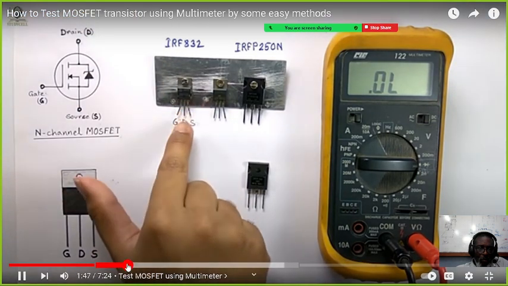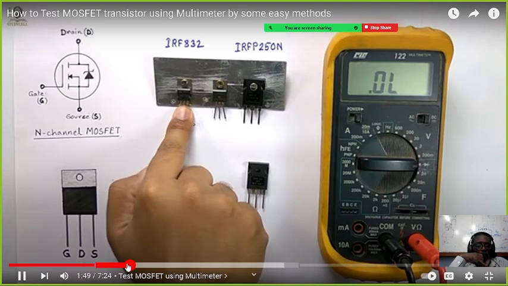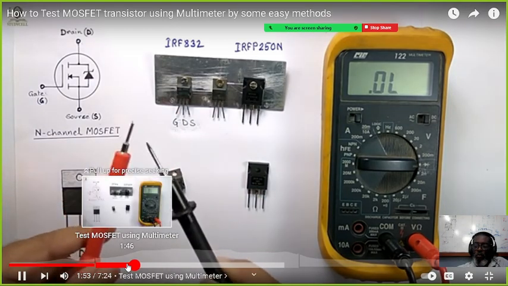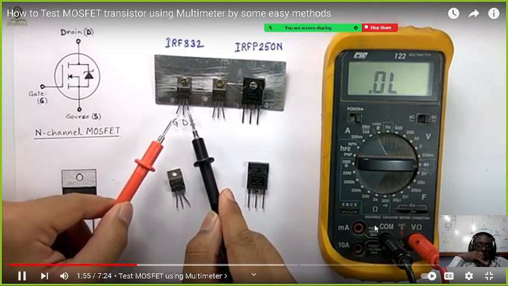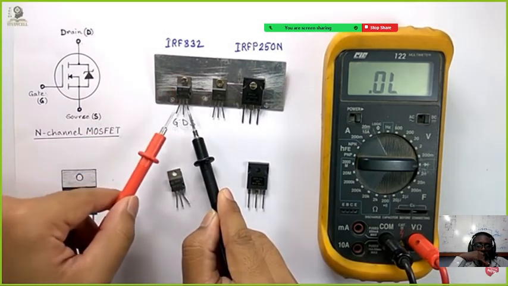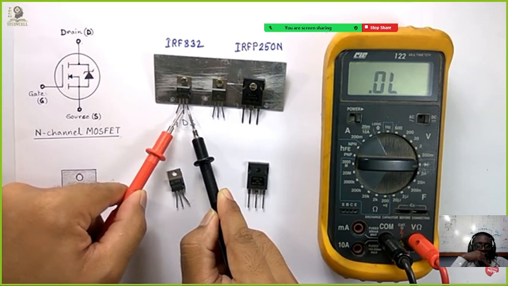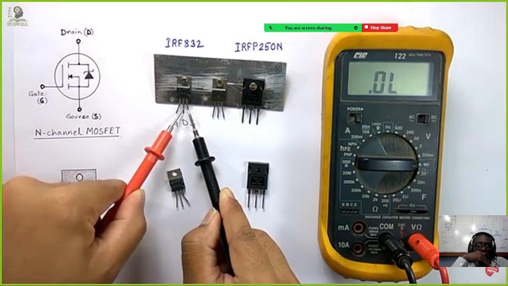I have to short all the terminals with my finger for a while. Now I have to connect the black lead of the multimeter with the source terminal and the red lead with the drain terminal. I should not get any continuity between source and drain terminal as the MOSFET is in off state, as no positive voltage is applied to the gate. Thus we can check the MOSFET in off state.